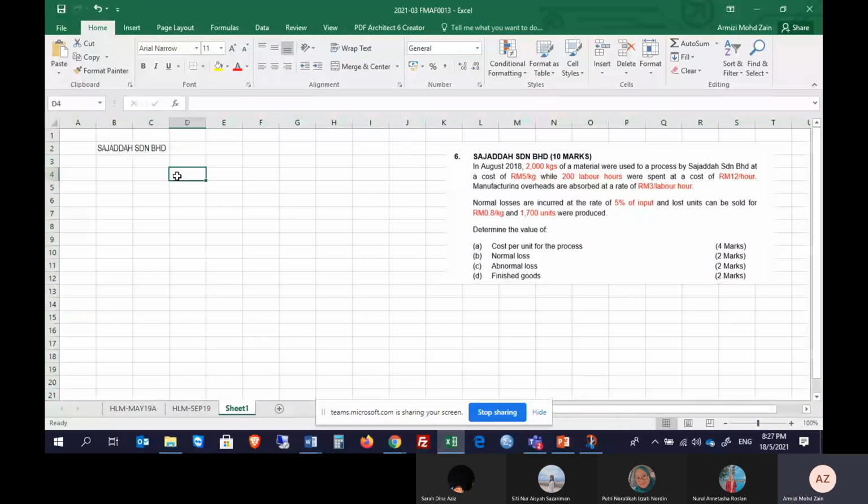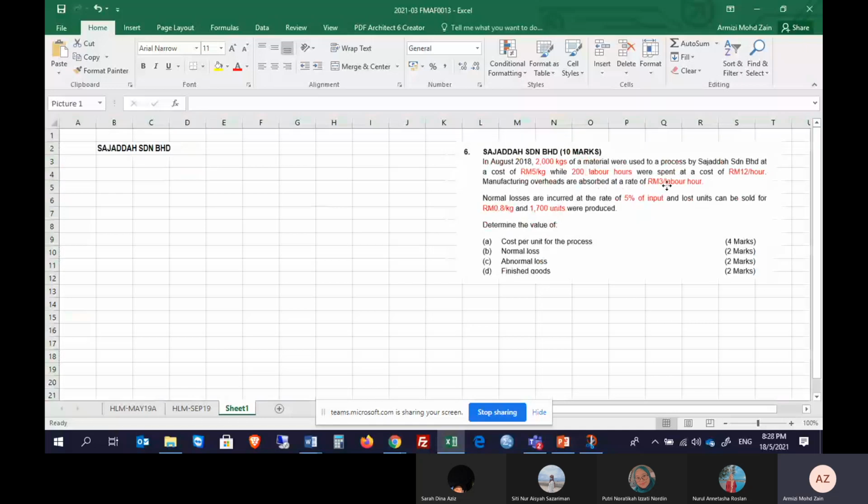Hopefully you all can see. Okay, Sajadah. Cost per unit.